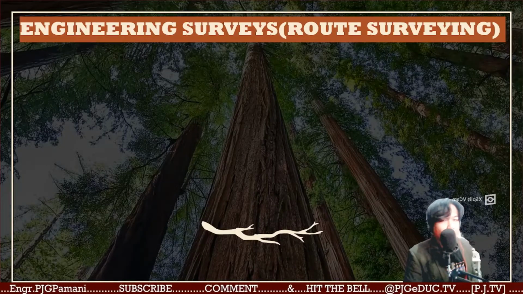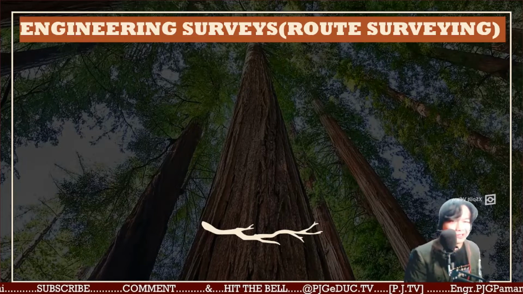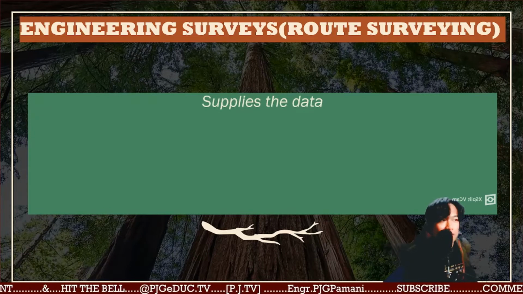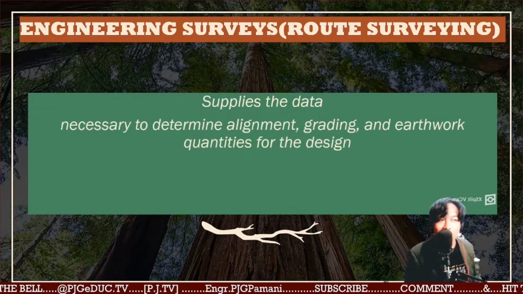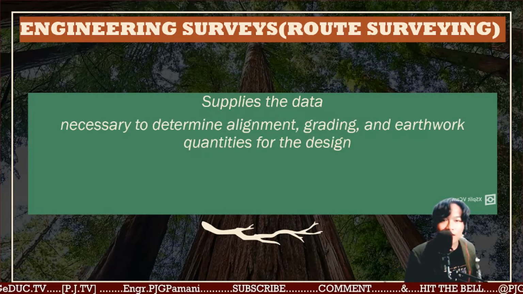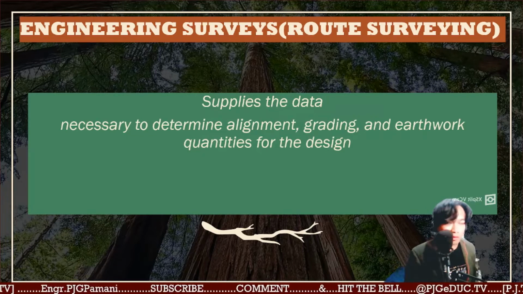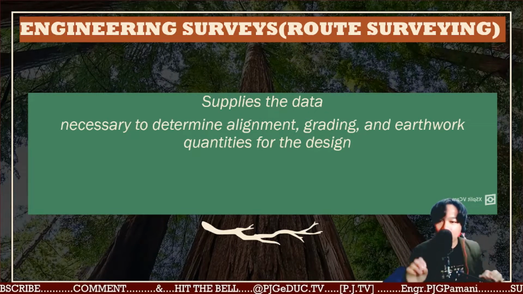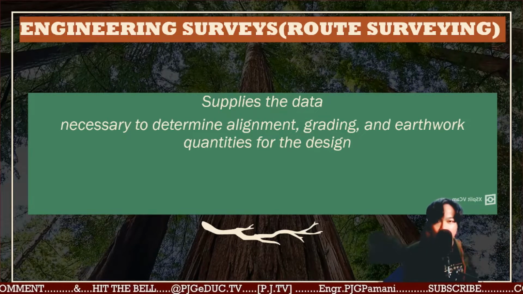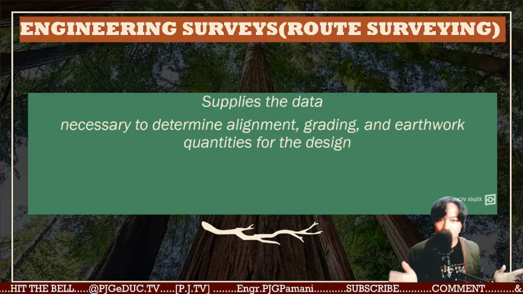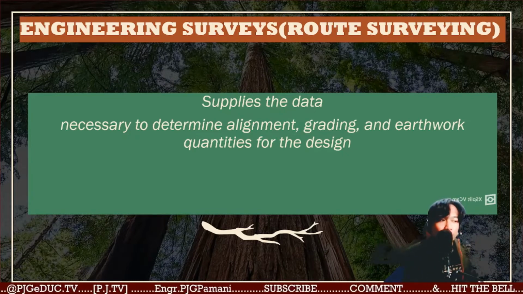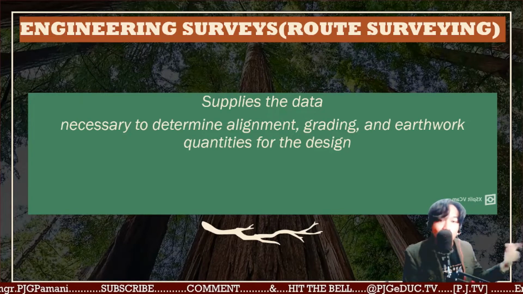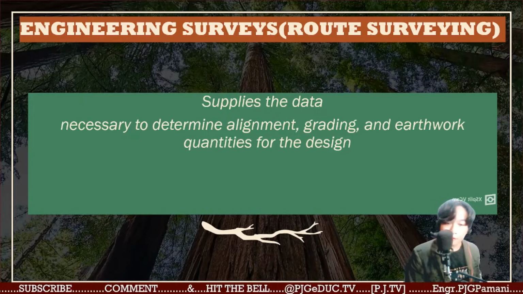So this is engineering surveys, also known as route surveying. Route surveying mainly supplies the data necessary to determine alignment, grading, and earthwork quantities for the design. How do we start building a road in a specific location? How many lanes do we have to consider, depending on the volume of vehicles passing through those roads?